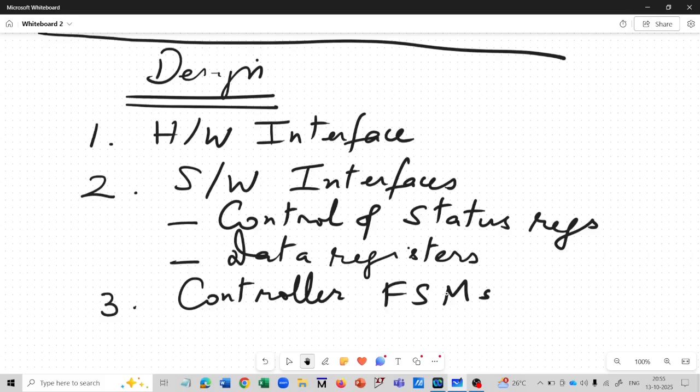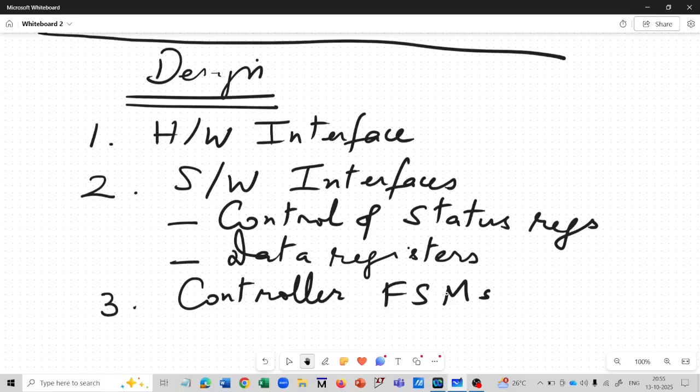For instance, if the device is capable of bulk transfer of data, we may have to provide either several data registers or a FIFO-like structure. Or if only one word of data is transferred in a typical transaction, then a single data register will suffice. So all these decisions are based on the type of device that is interfaced to the interface controller.